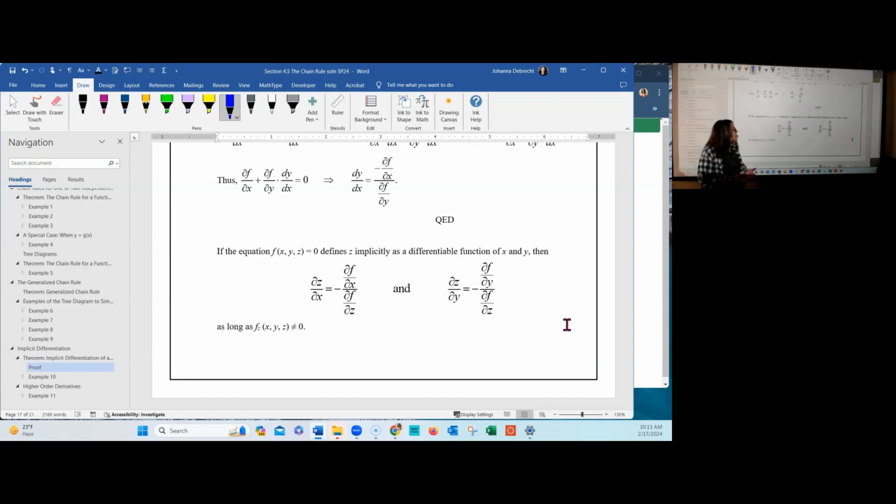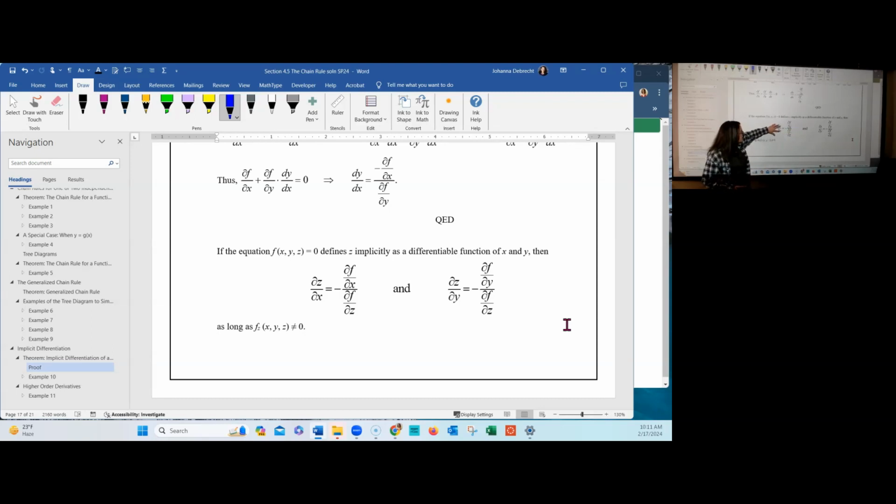If we're looking for the partial derivative of z with respect to x, then we can apply the rule that we had up above and say that it is the opposite of the partial of the original four-dimensional function with respect to x divided by the partial of that function with respect to z.